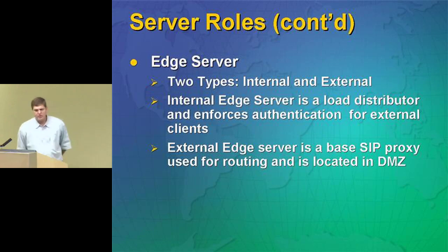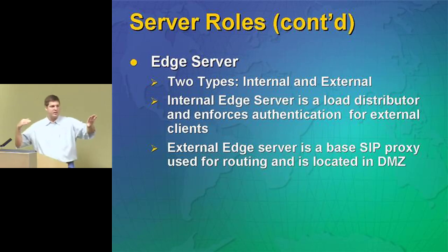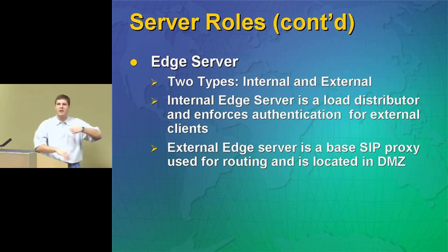And then there's an edge server. There's really two types of edge servers, internal and external. I'm going to show you a drawing to enumerate that. But an external edge server, for example, is a box that you stick out in the DMZ, and it's accepting inbound messaging, SIP signaling, and it's forwarding it into the internal network. It's not authenticating it, it's not doing anything with it, it's just routing it correctly to the inside of the network.